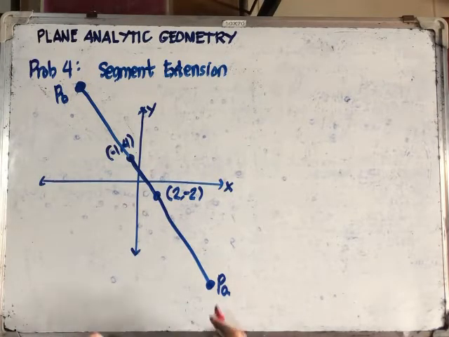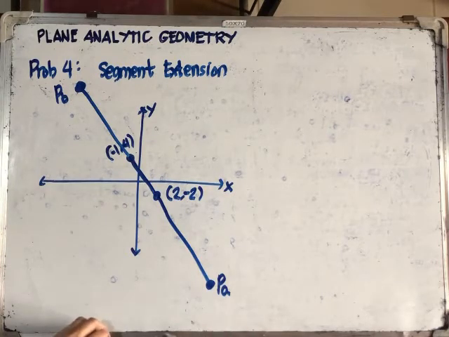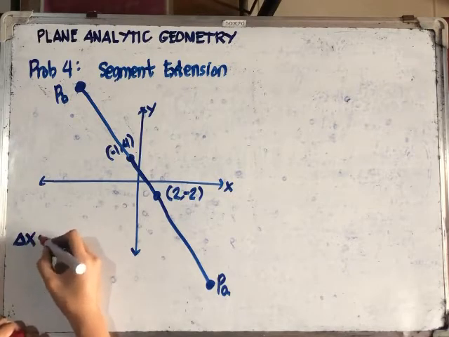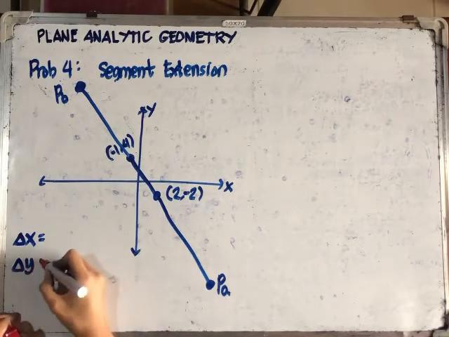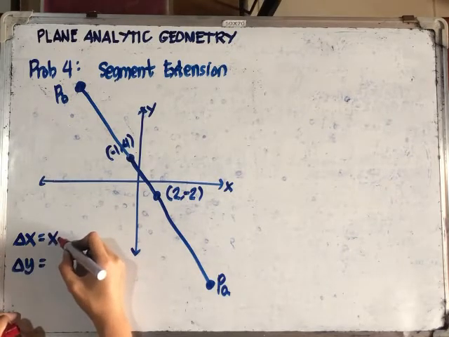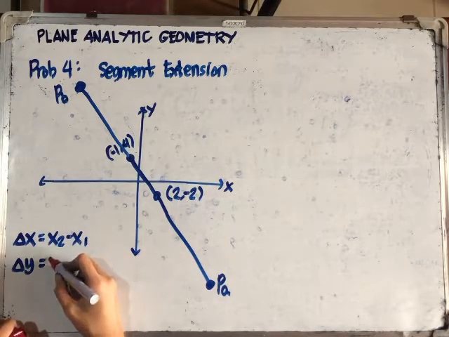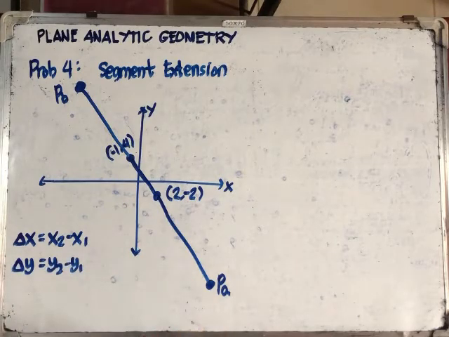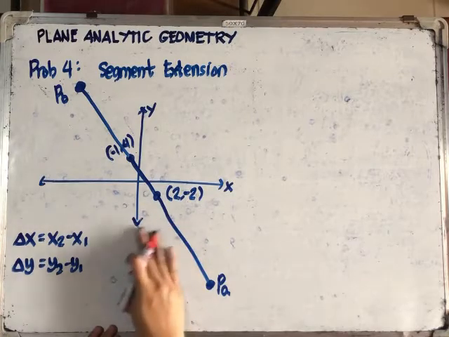And for all the things that relate to segment extension and segment division, what I always do is to get the change in X from the original points that are given and the change in Y. That's similar to what we did with problem 3. So this is x2 minus x1, and this is y2 minus y1. So that x2 minus x1, let me erase a little portion of this.